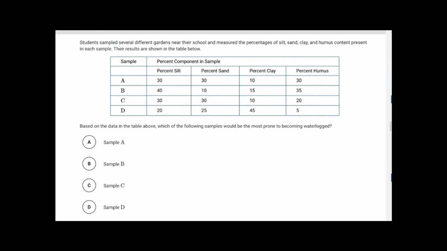The next thing I want to do is, we talked about the different types of soil and the size of the particles and which one was likely to have too much water, which is what we call waterlogged.